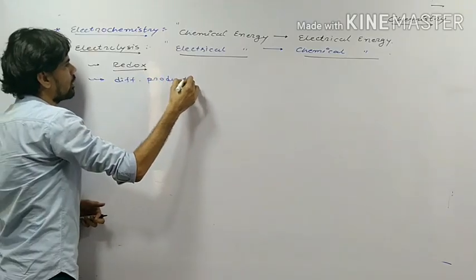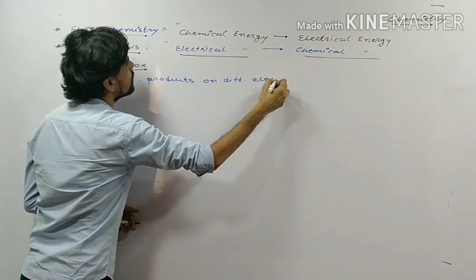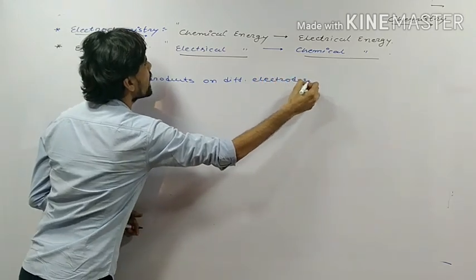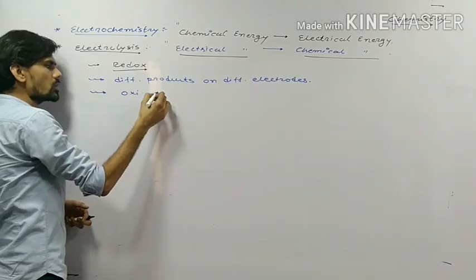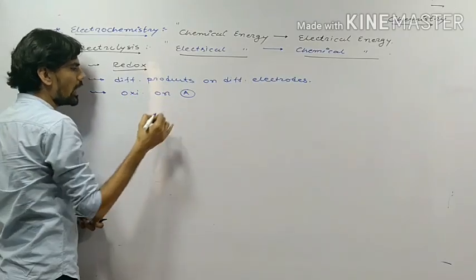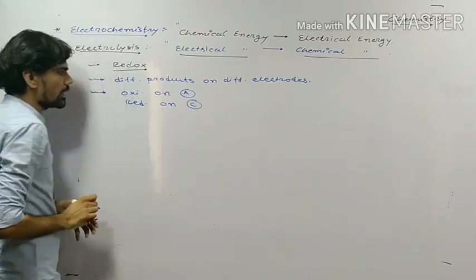Different products on different electrodes. Here, oxidation on anode and reduction on cathode.